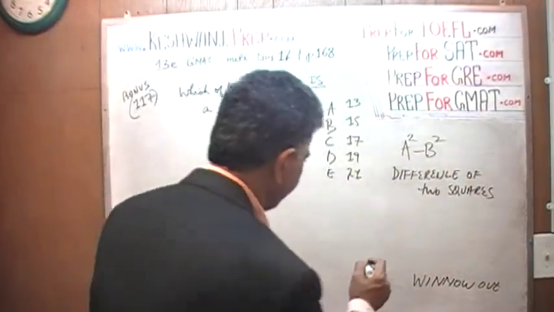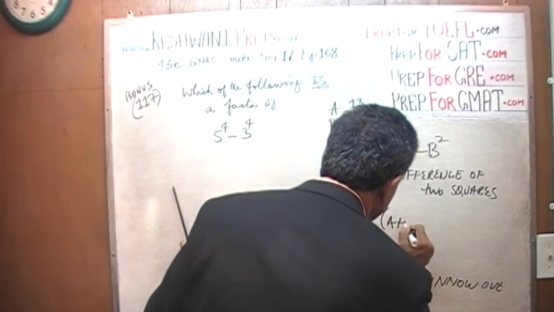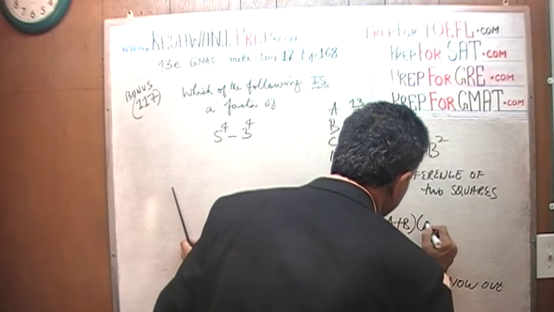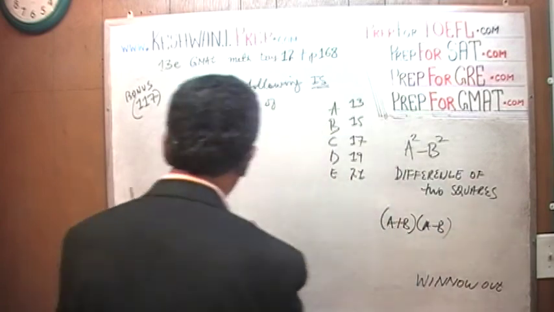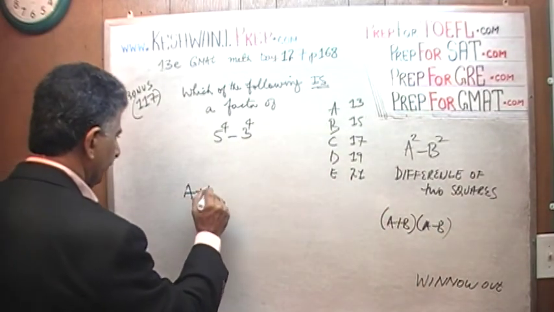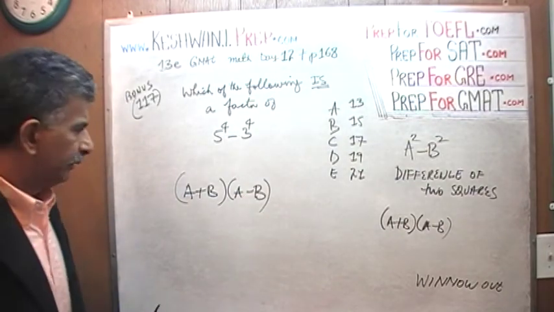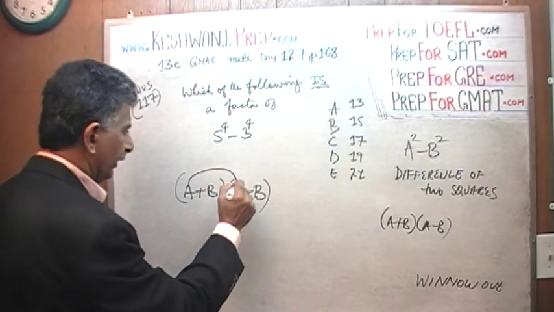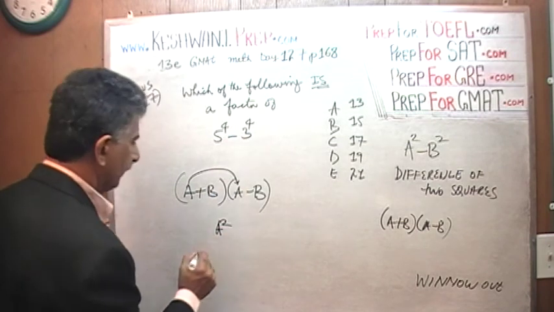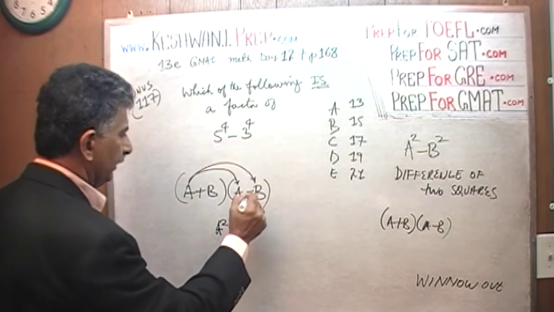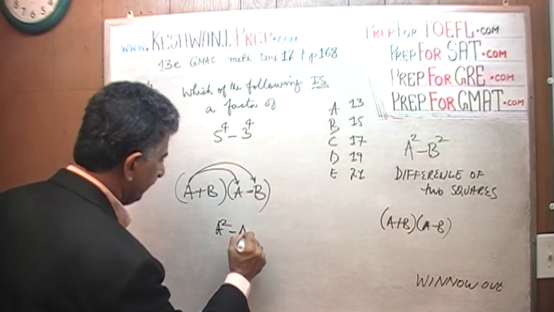And it goes something like this: A plus B times A minus B. Let's do it out here so we have more room. If you open the parentheses, you will see that A times A is A squared. A times B, but it's a negative, so it's negative AB.